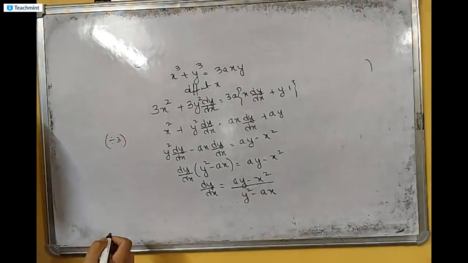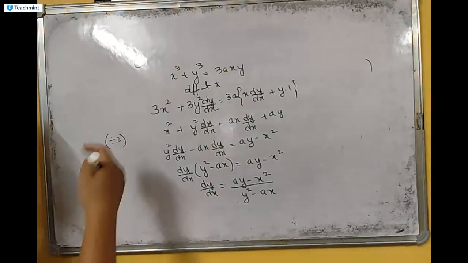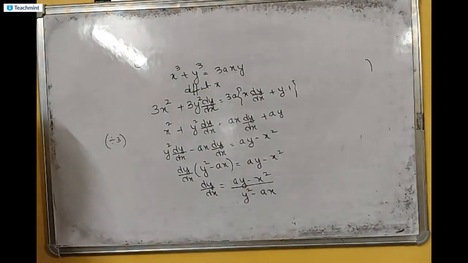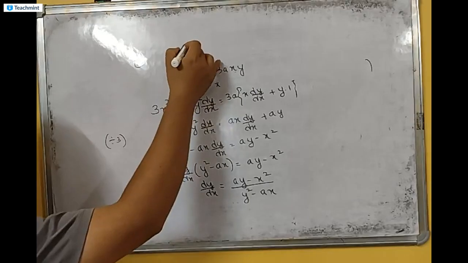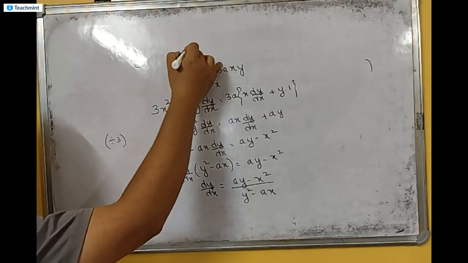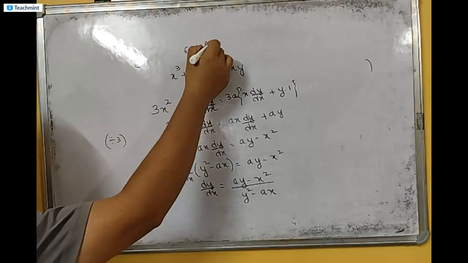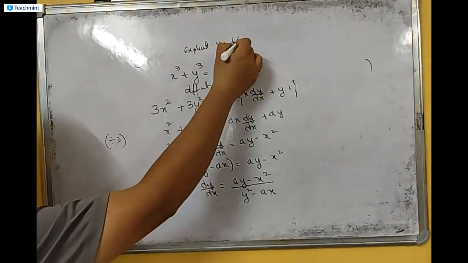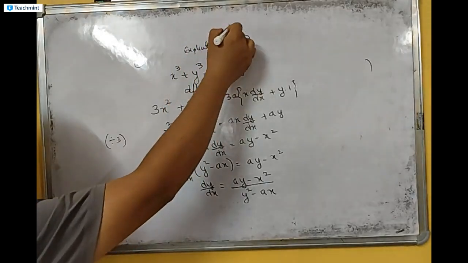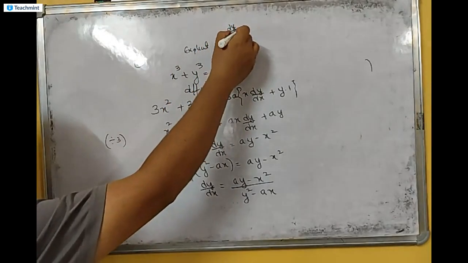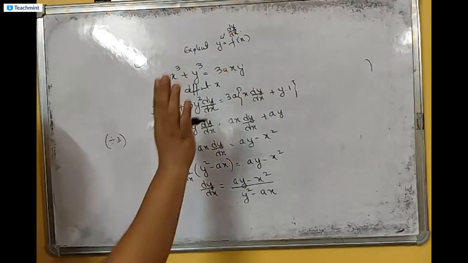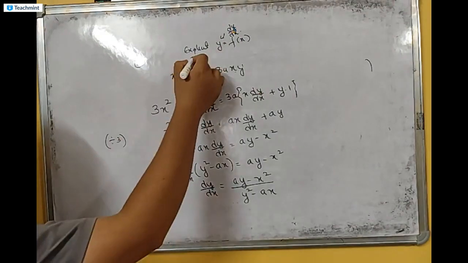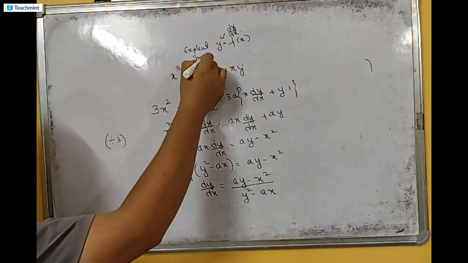Once again, for those unaware, this is called an implicit function. So I'll just break it up. There are two types of functions. One is called explicit. Explicit means y will be on the left, x will be on the right. So every time you differentiate y, it becomes dy by dx, because the derivative of y with respect to x is dy by dx. And the other one is called implicit.